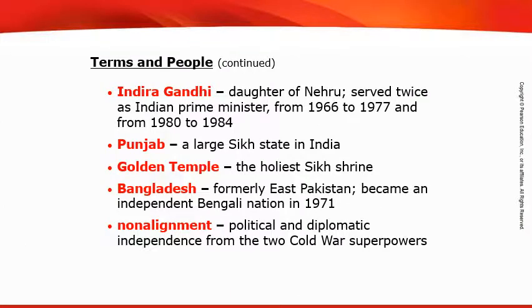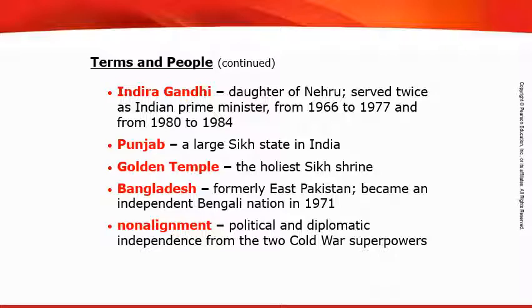Indira Gandhi was the daughter of the first Prime Minister of India, Jawaharlal Nehru, whom we just described in the previous slide. She served the office of Prime Minister two times, from 1966 to 1977 and 1980 to 1984. Punjab, as I just told you, is a large state in India which is dominated by the Sikh minority.